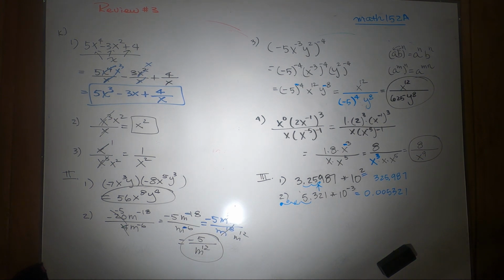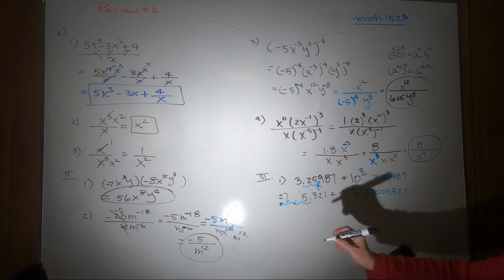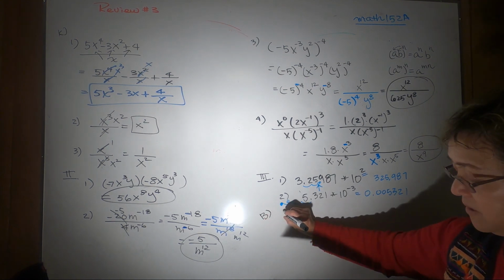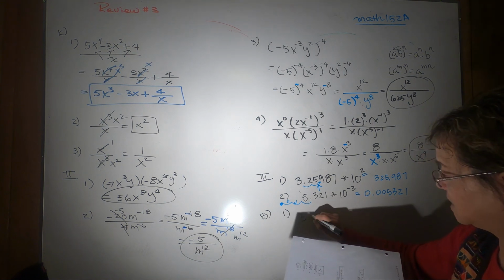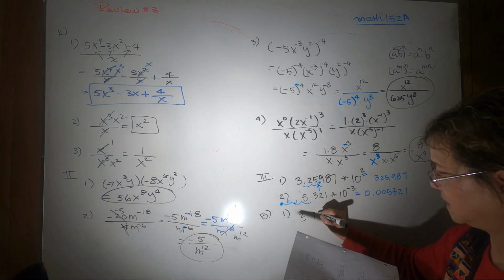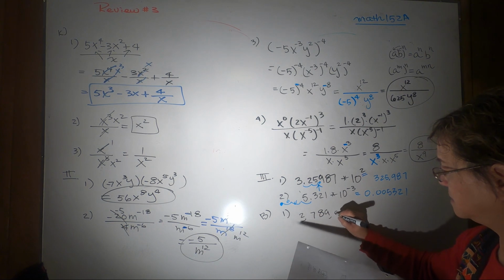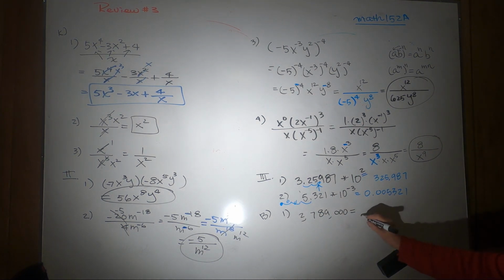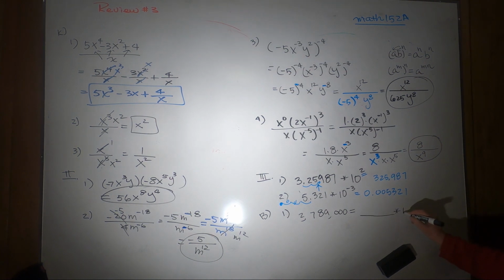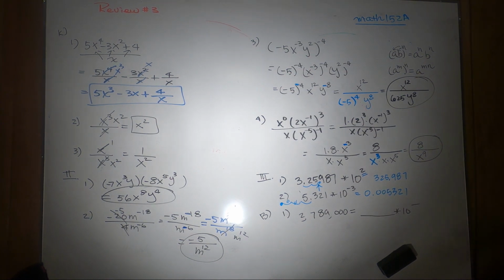Then we do another way around, right? So if we have this one, 2,789,000. If we want to write in scientific notation, that means some number times 10 to the some power, right?